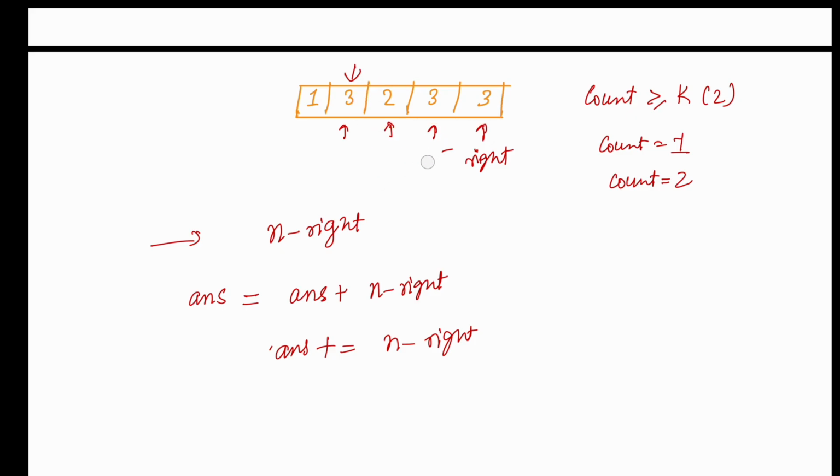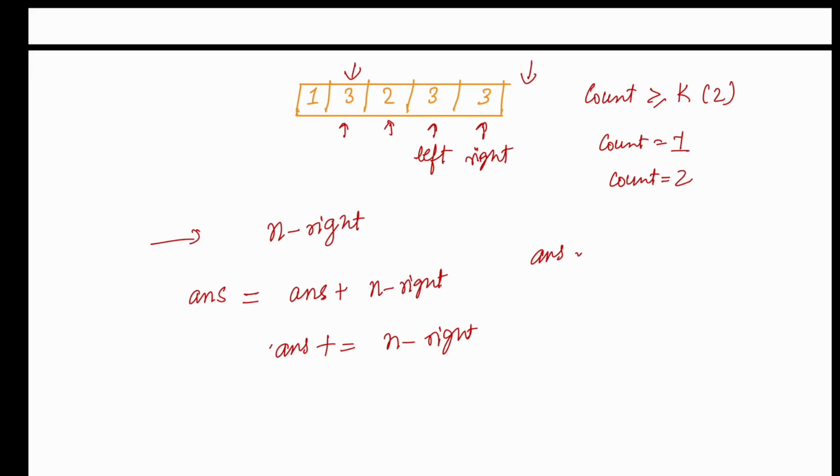So we include it in the answer and we then move our left. Now left is pointing over here. We see it's satisfying the condition. Again we increment the answer, and now right will go out of bounds. It will come out of the loop. So that's it. That's what we need to do. We need to just know the count of the subarrays. That's all we'll be doing.